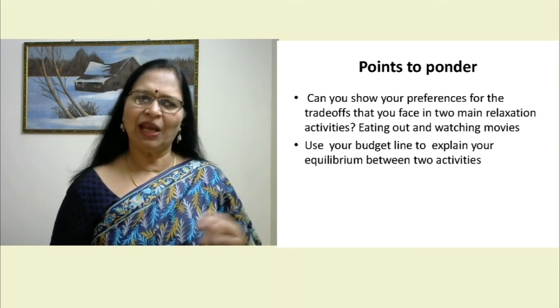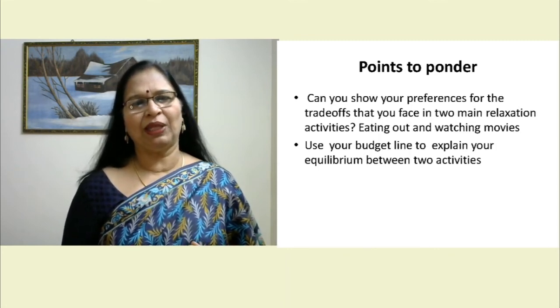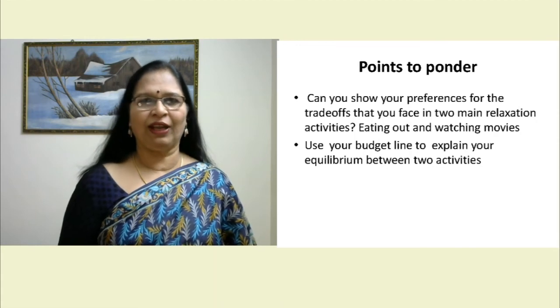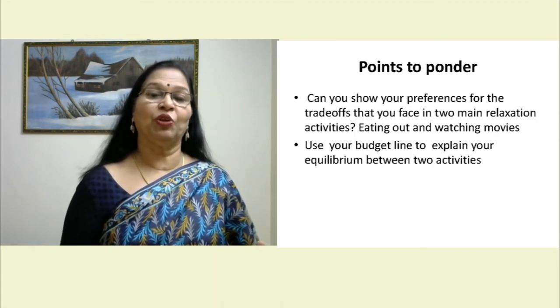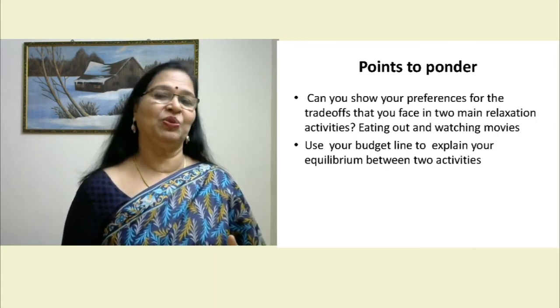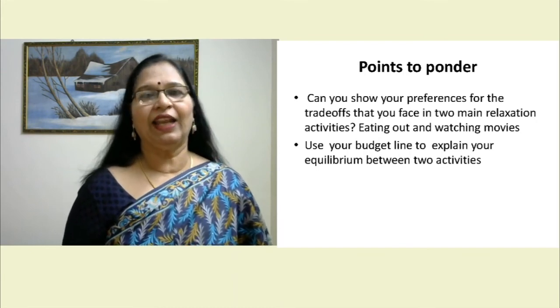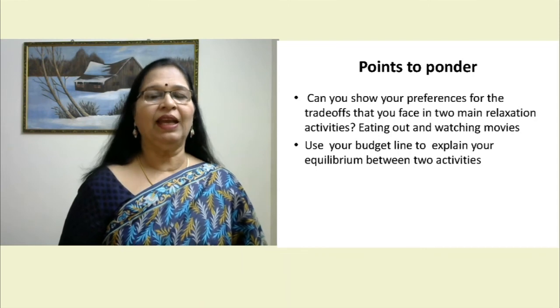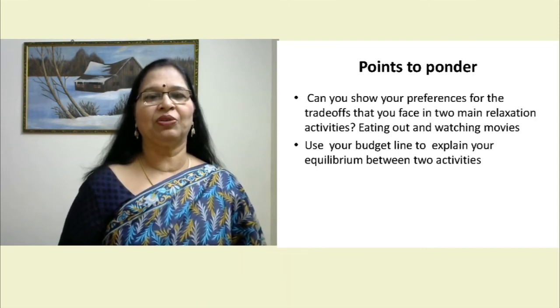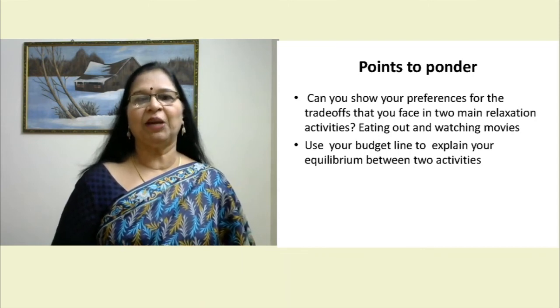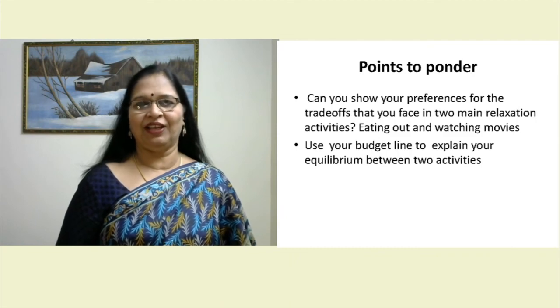And if it happens above or below that combination, it is also fine, so long as your indifference curve is tangent to the price line. So you can try understanding that. And in the next lesson, I shall speak about the price effect, income effect, and substitution effect.